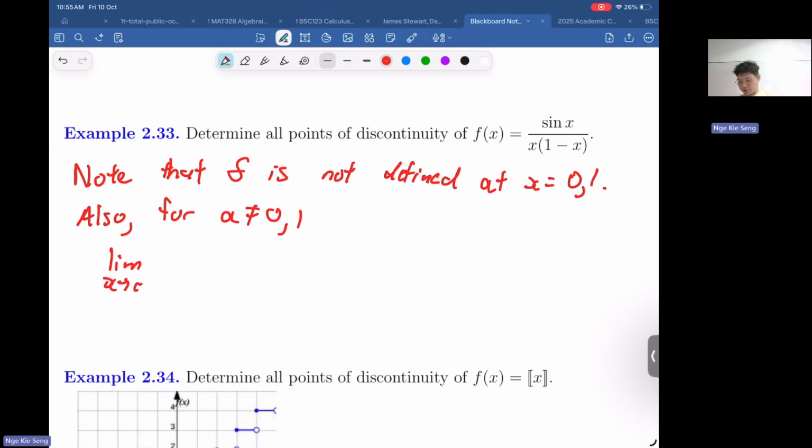if you try to compute the limit as x goes to a of sine x over x(1 minus x), you can just do a substitution here.